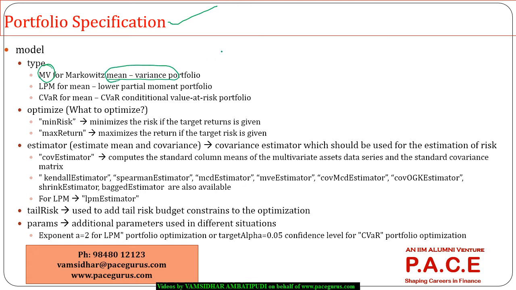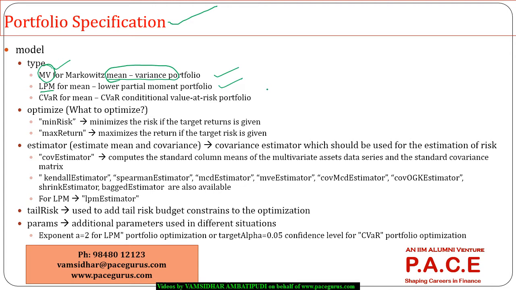So you must be comfortable with the Markowitz mean variance theory. When I set the type as MV, it means that I'm working with the Markowitz mean variance portfolio itself. Whereas if I'm setting it as LPM, it's a mean lower partial moment portfolio.